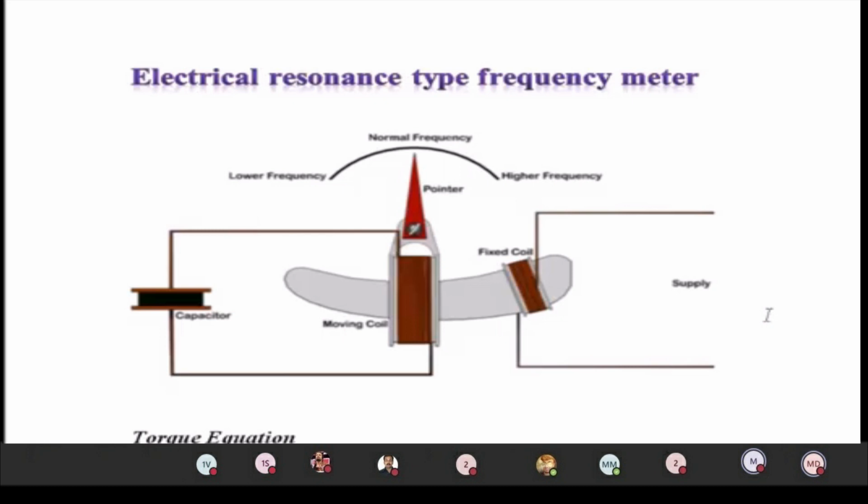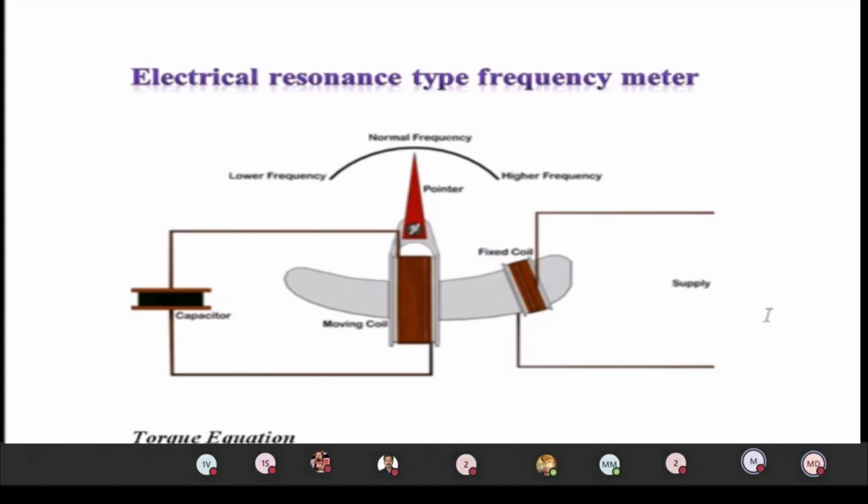If the pointer moves towards the right side, it indicates higher frequency, and due to some reasons, if frequency has been reduced, the same thing is going to be repeated. The moving coil is going to move, the inductive reactance is going to get changed, since the current induced in this is getting changed, and at some other point, the inductive reactance and capacitive reactance will be equal.